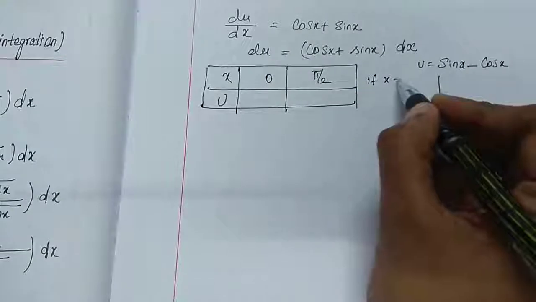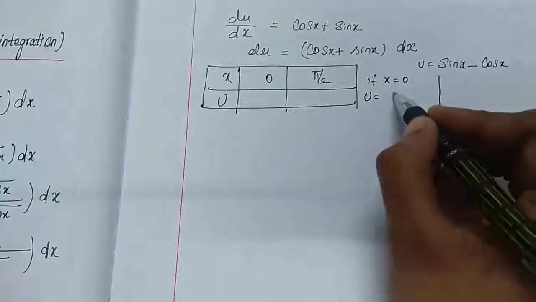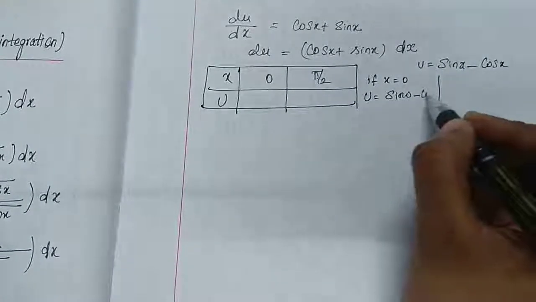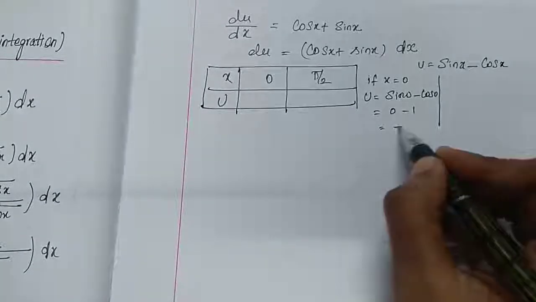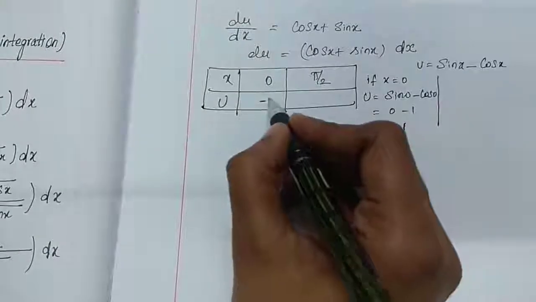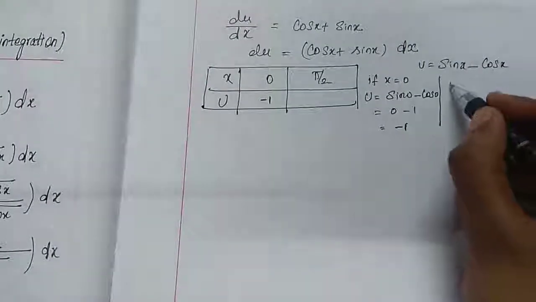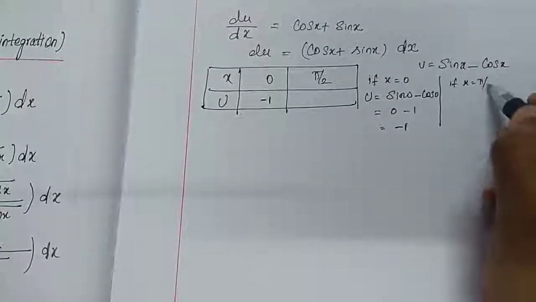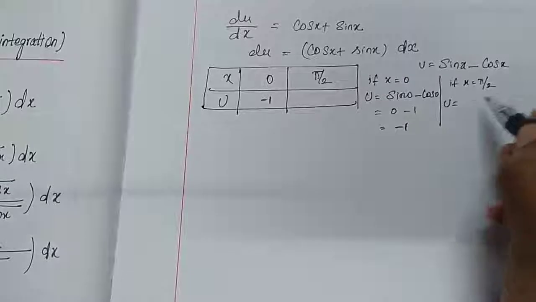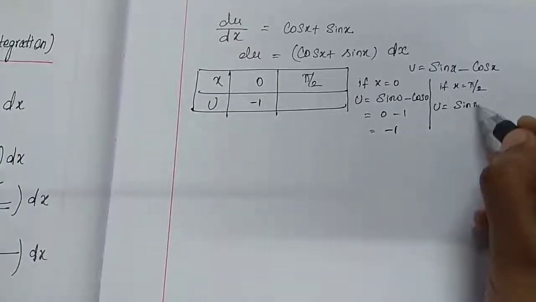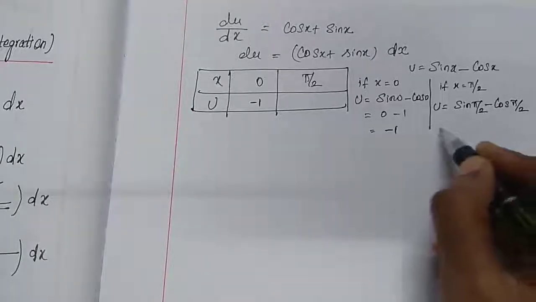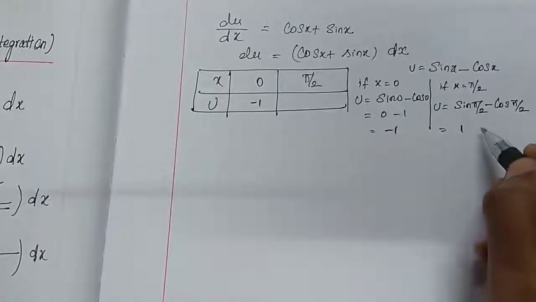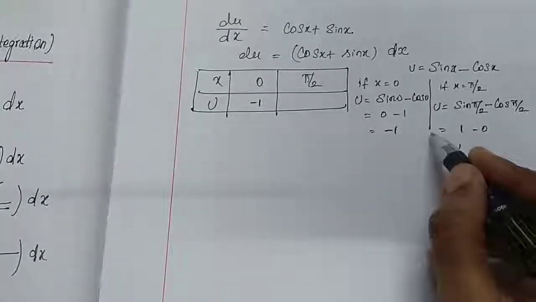If x is equal to 0, u is equal to sin 0 minus cos 0, which is 0 minus 1, so minus 1. And if x is equal to pi by 2, u is equal to sin pi by 2 minus cos pi by 2. Sin 90 is 1, cos 90 is 0, so it is 1.